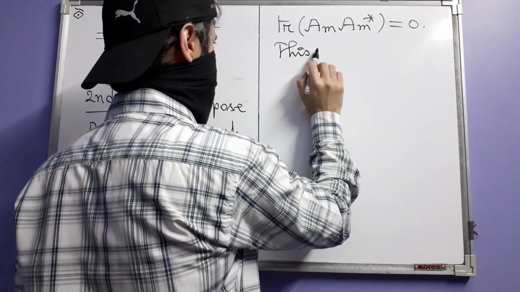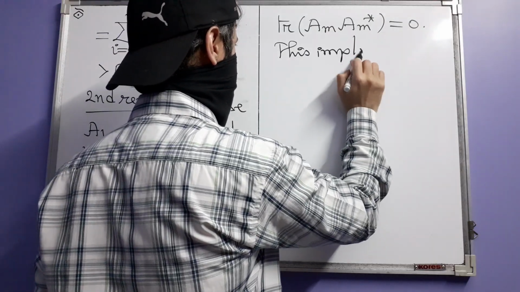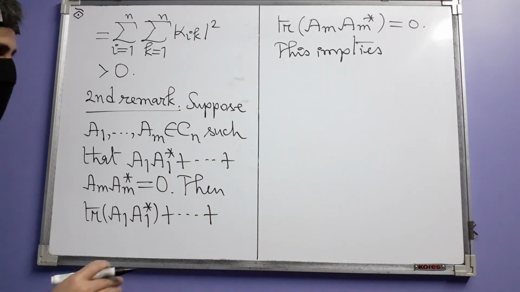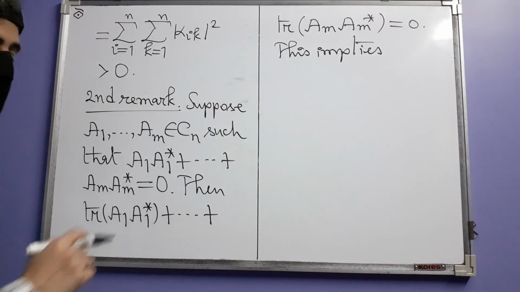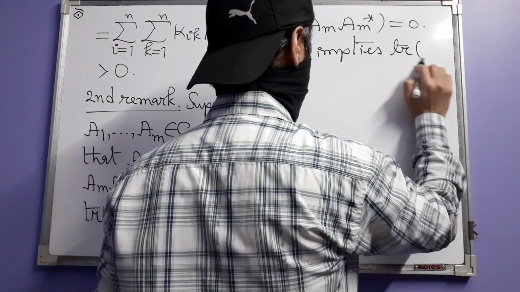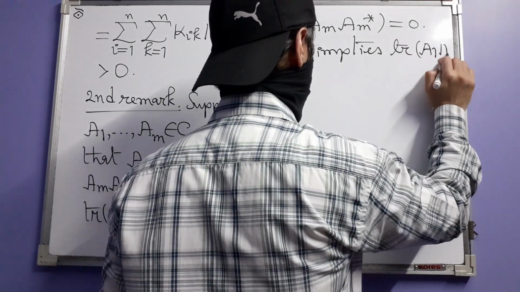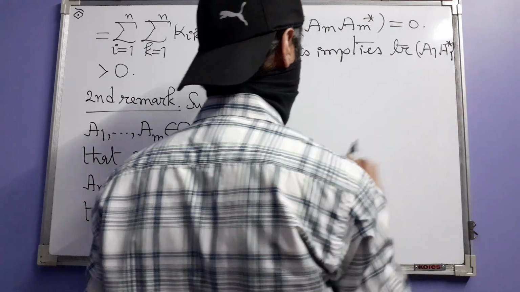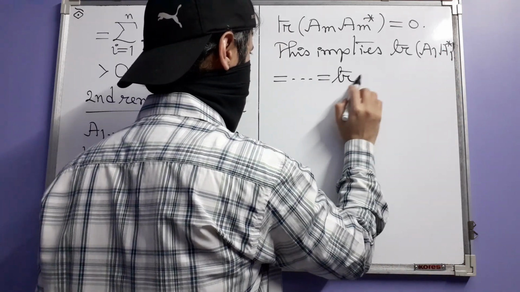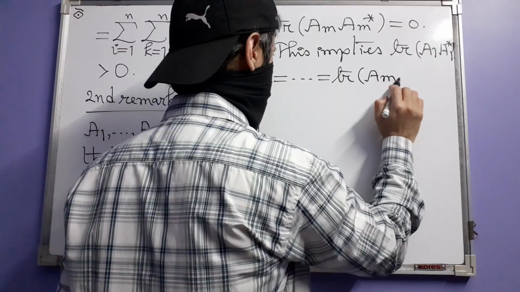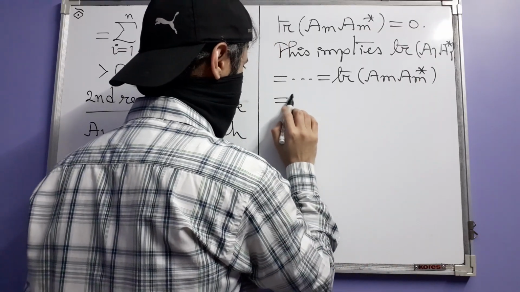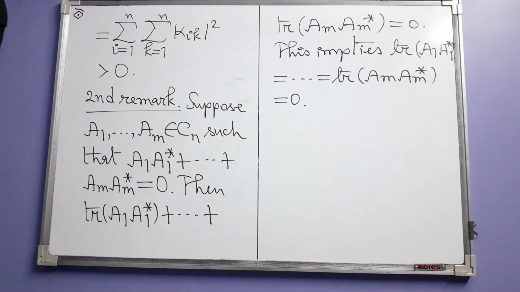This implies non-negativity of all these terms in the sum implies that each one has to be equal to 0. A1 A1 star and so on, Am Am star, all of these have to be equal to 0.